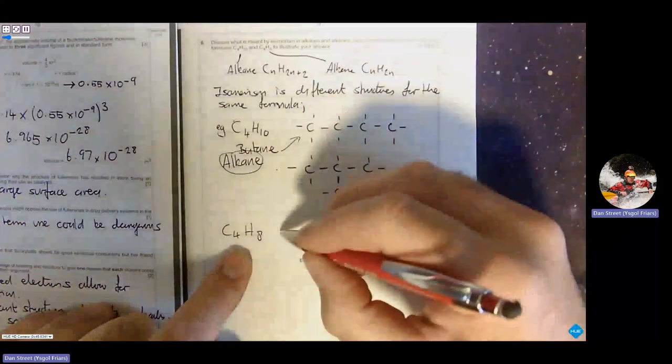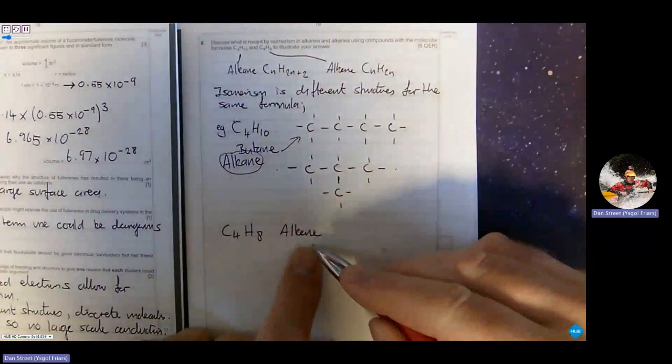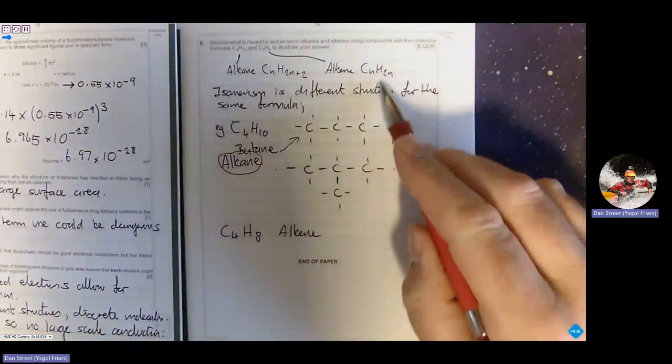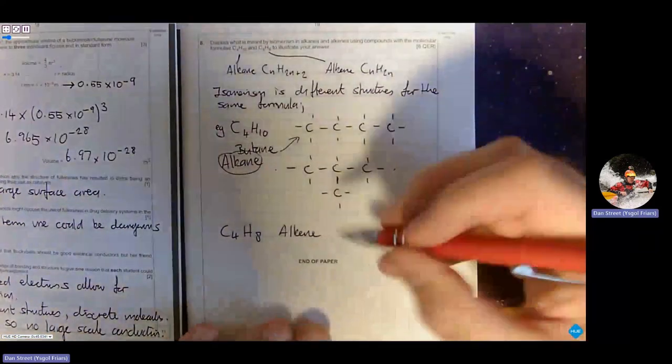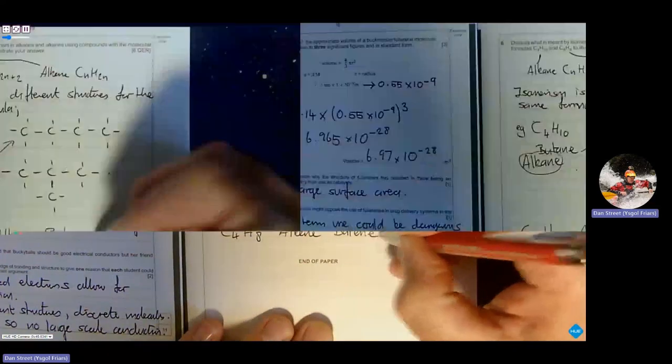This, however, is an alkene. We can recognize it as an alkene because it fits the general formula we mentioned before, and this is going to be butene, or the simplest version of it would be butene.